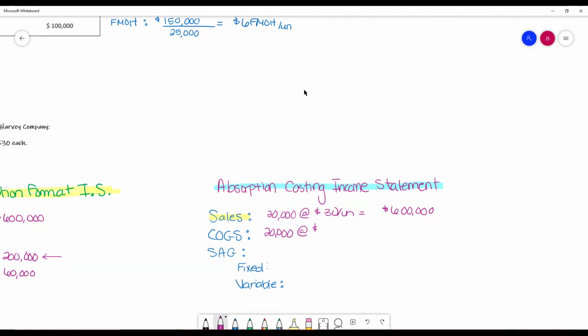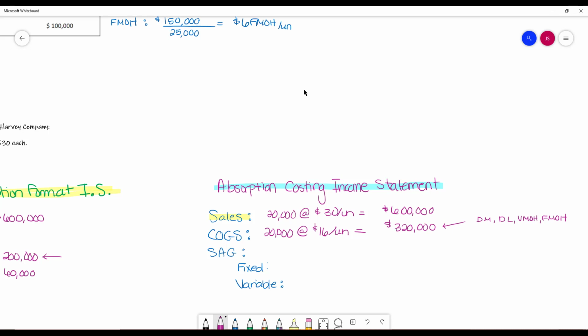So we're going to do 20,000 units times $16 a unit of product cost. That gives us a cost of goods sold of $320,000. So again, just keep in mind that includes direct materials, direct labor, variable manufacturing overhead, and fixed manufacturing overhead.